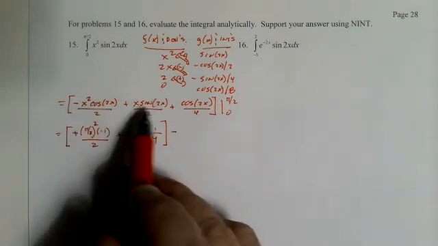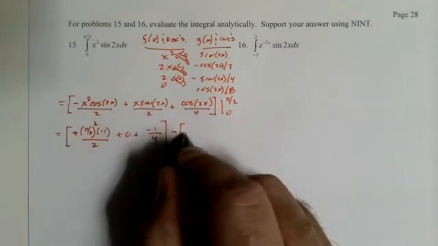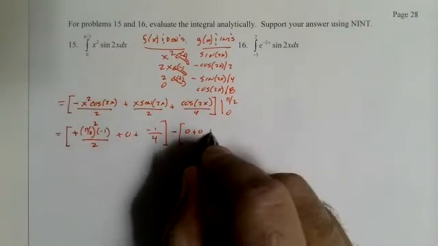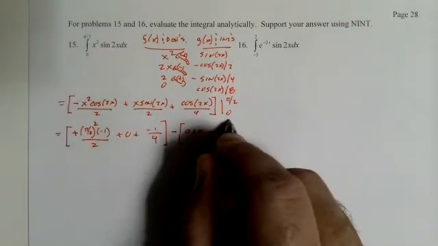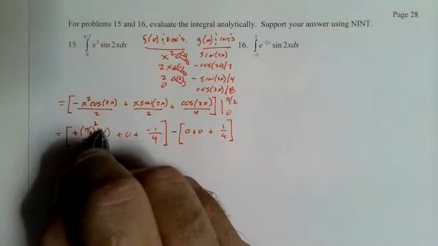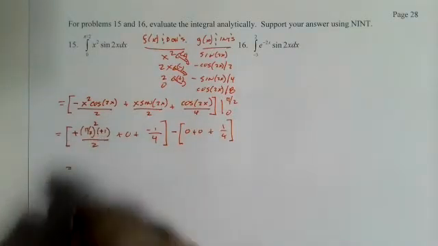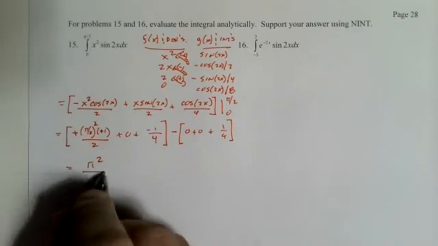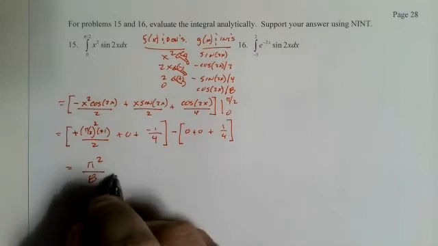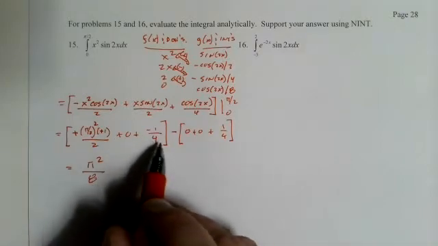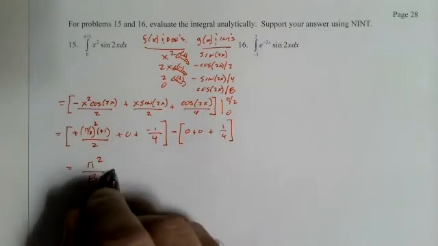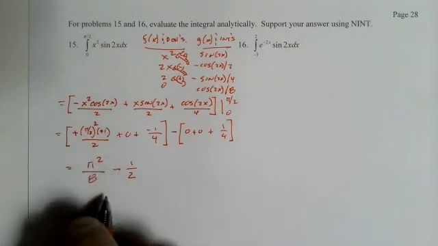Minus 0, plus 0, plus cosine of 0, 1/4. Equals, that's plus plus, that's why I did that, oops. Pi squared over 8, -1/4 minus 1/4 is -2/4, minus 1/2.